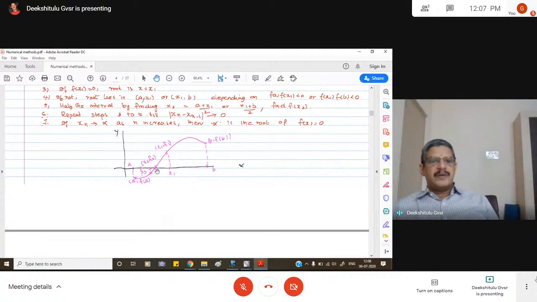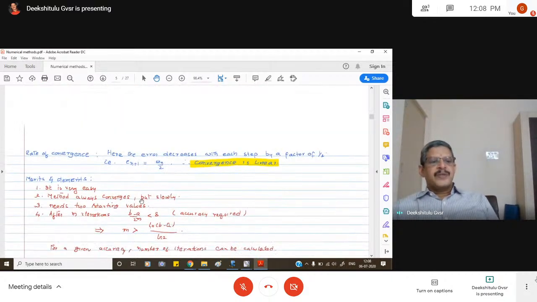So the root will be in between. Then again take the midpoint of these two, called x2. Find f2. Where is f2? Again negative. This is negative, so this is also negative. So the root lies between. So the process goes on like this. This is the bisection method.